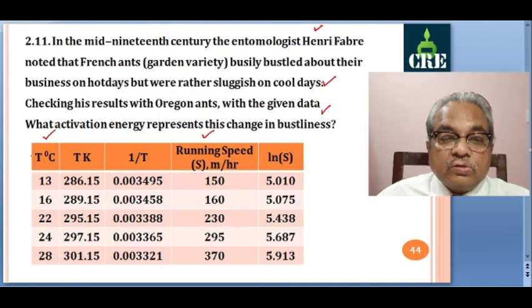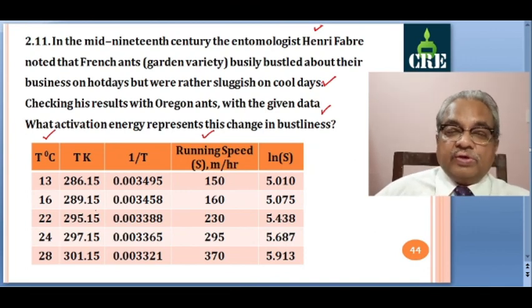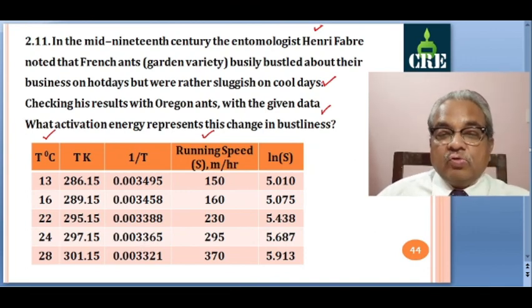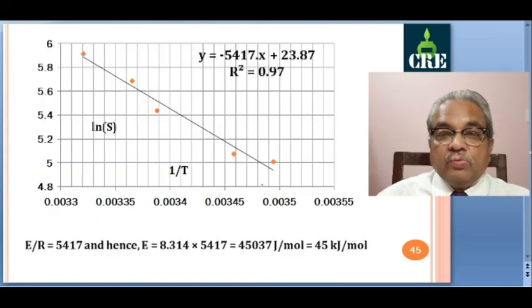Celsius is converted to Kelvin by adding 273.15, you can take just 273. 1 by T value is calculated, and we want ln of K. This is the representation of K, so ln of S. And if you plot ln of S on the y axis and 1 by T on the x axis, this is the best fit line drawn in Excel.